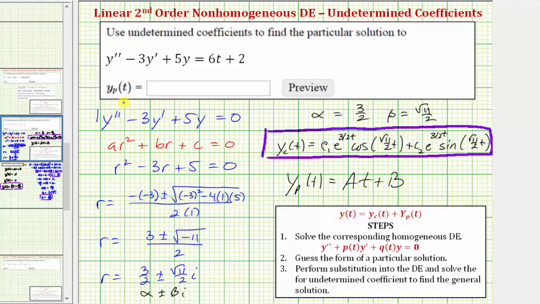But while we're here, let's go ahead and enter y sub p of t. Now this y sub p of t is the same as big Y sub p of t in our notes. So again, the particular solution that we found was y sub p of t equals 6/5 t plus 28/25. Of course, if we wanted to, we could also express this using decimals. But again, let's take the time to form our general solution.